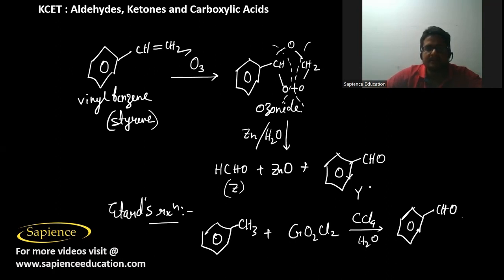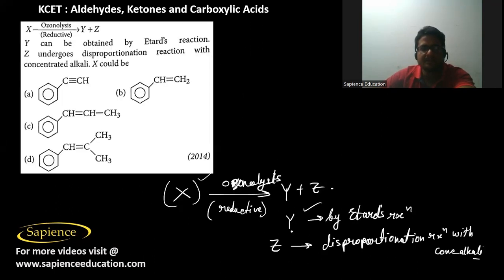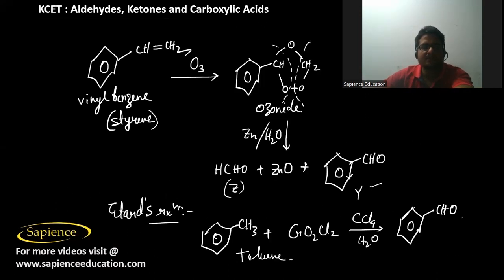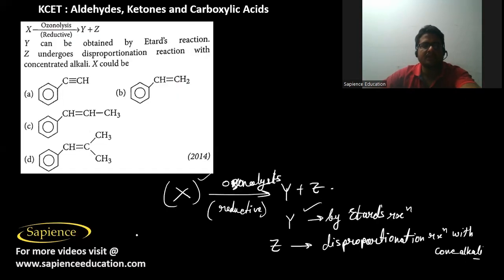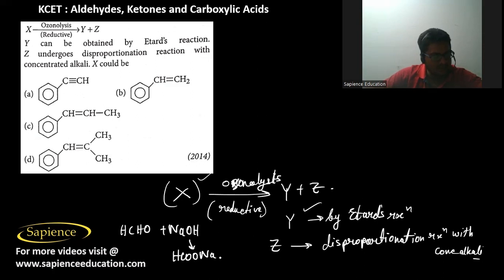So the compound Y can be obtained from toluene, and Z will undergo disproportionation reaction with concentrated alkali. Since this HCHO on reaction with NaOH will form HCOONa, which is sodium formate, and CH3OH.